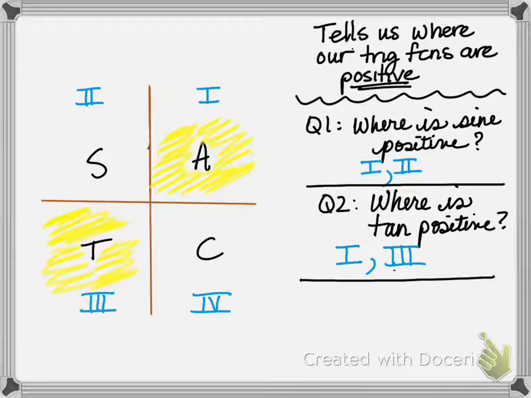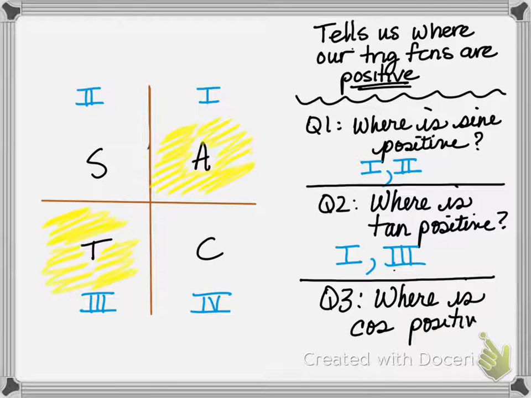Next question. I think you probably are getting where I'm going with this, right? Notice every question was: where is it positive? And the last one, where is cosine positive? Let me erase, because these were the answers to the previous one. Let me put my letters: all students take calculus.